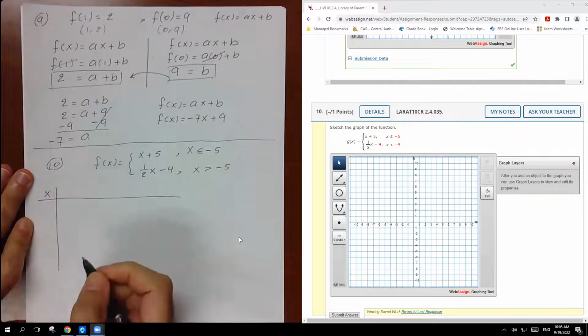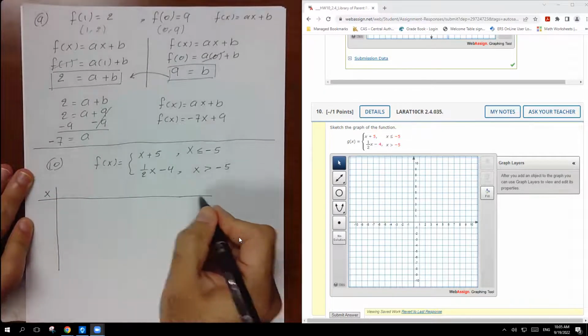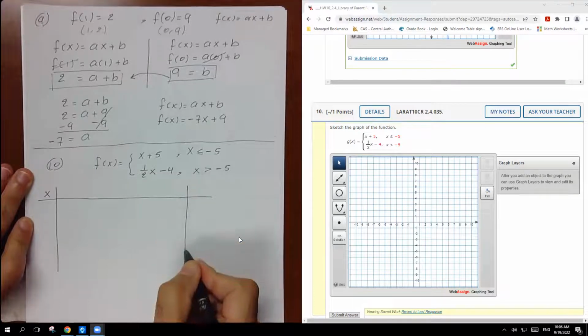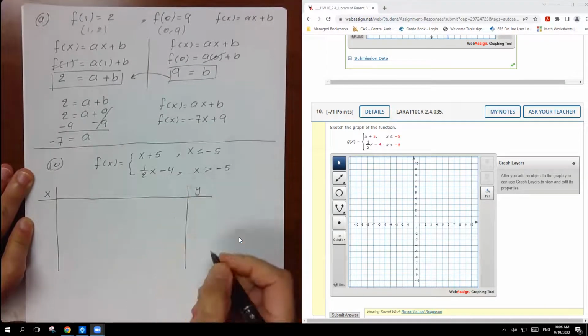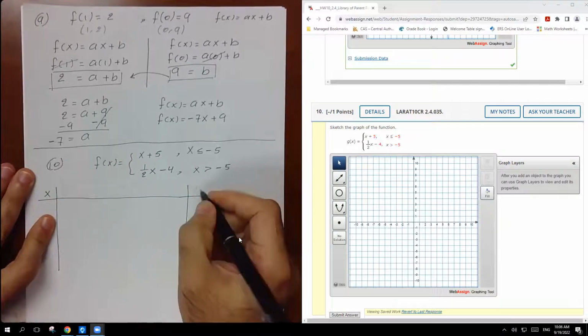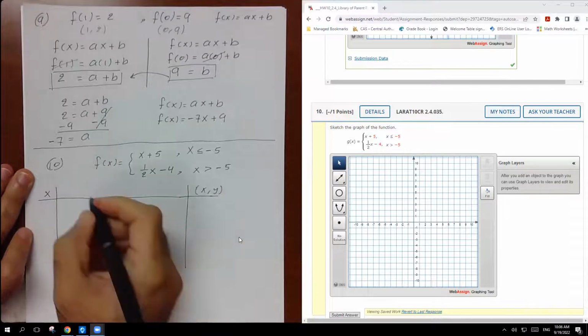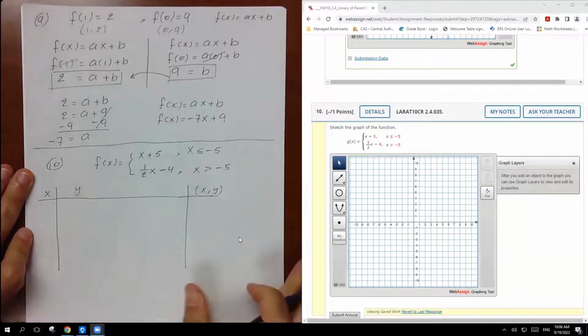This one is going to be the value of x, and here is going to be the value of y. Or let's write down the point here, x, y.